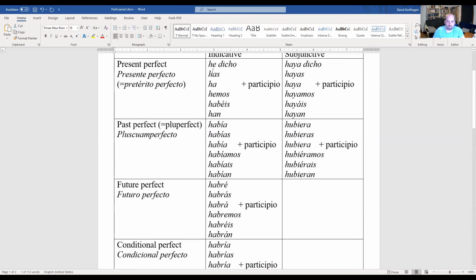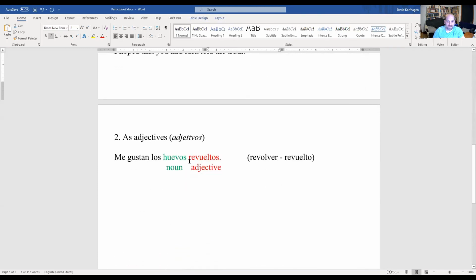When it's after haber, it's always just going to be that form. But when it's an adjective, not after haber, in this case after huevos, it's going to agree with what we're talking about.